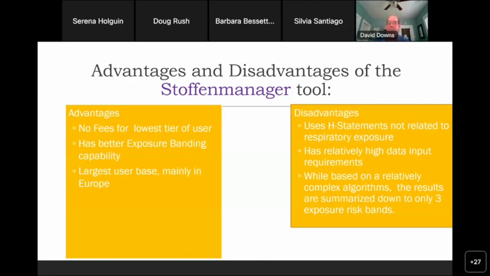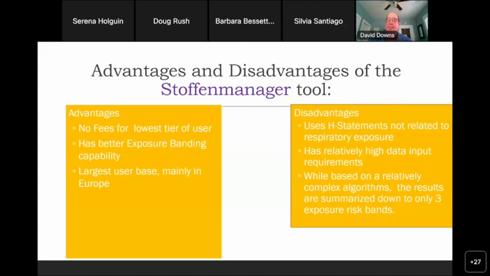Again, unfortunately, in my view, it uses H statements that are not related to respiratory exposure. So that's going to bias it in some cases to a higher level of control for things that are not related to respiratory exposure. If you work through the tool, it does have a fairly high data input requirement.